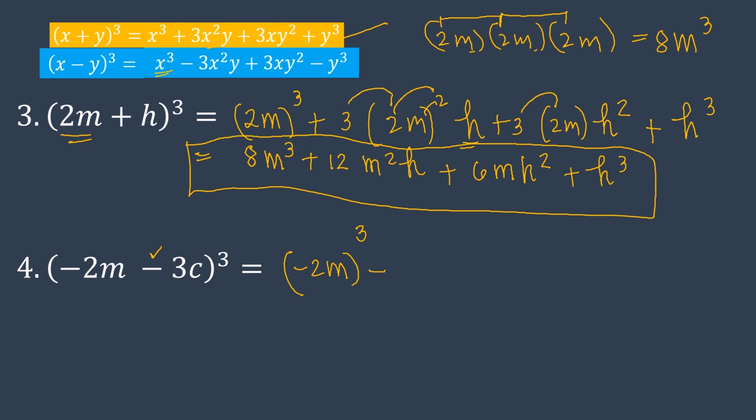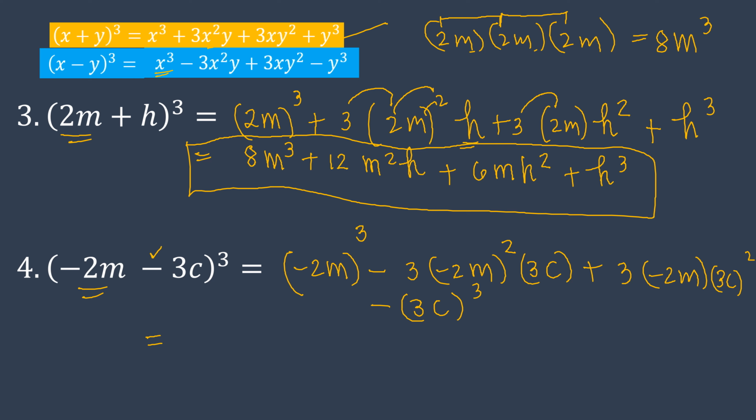Negative 2m squared times our second term. And then plus thrice x is our first term, negative 2m. Then y squared. Our second term is 3c. This time 3c will be squared. And then minus our second term is 3c, thus we'll be raising it to the power of 3.